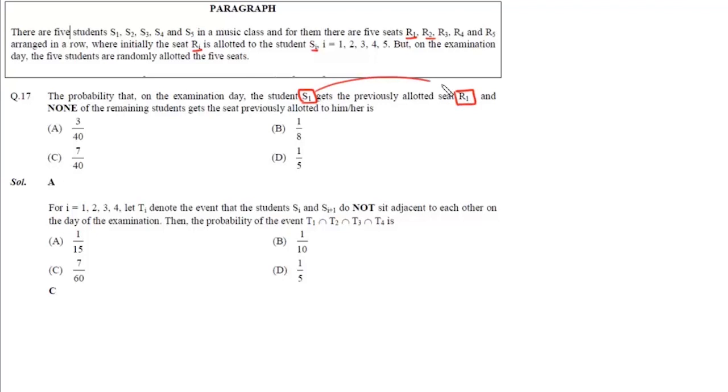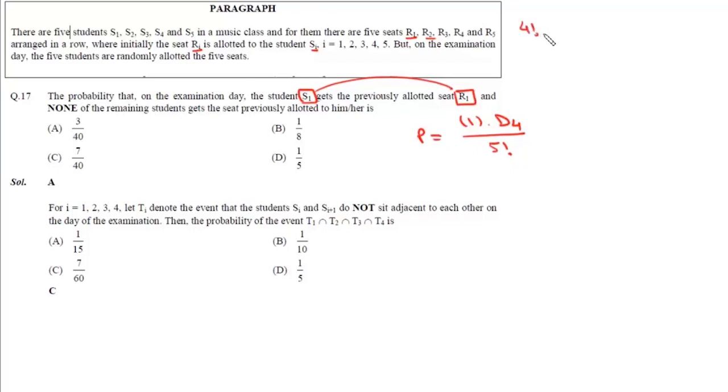Now if S1 goes to R1, there is only one way, and none of the remaining 4 students must get their previously allotted seat. That means we have to derange these 4 students, which is done by D4, divided by our total number of ways of arranging these 5 students in 5 places. It is factorial 5, and this is the required probability. Now we need to calculate D4.